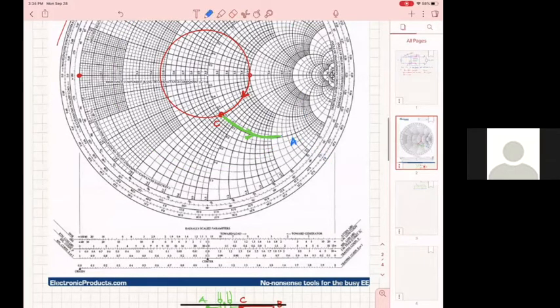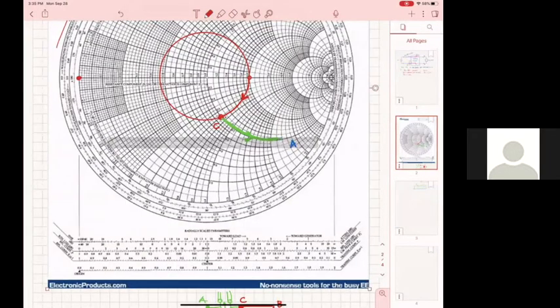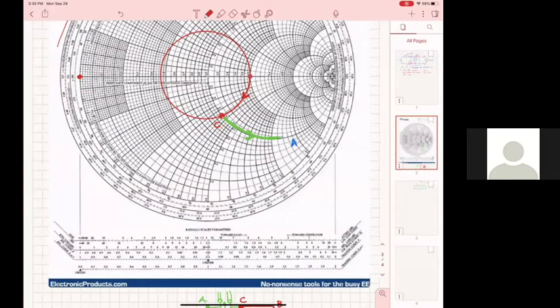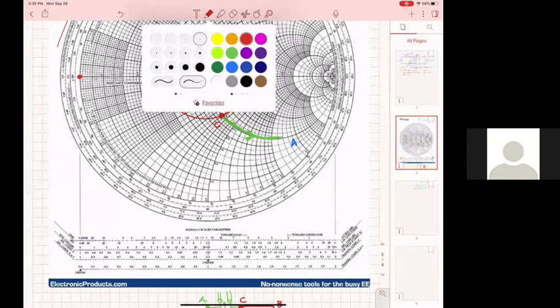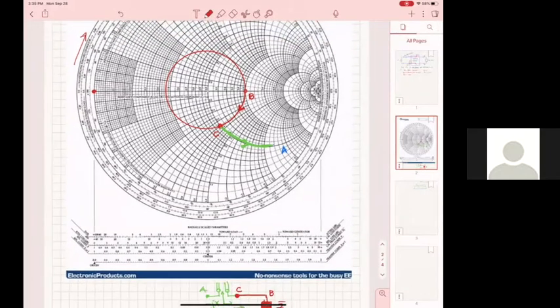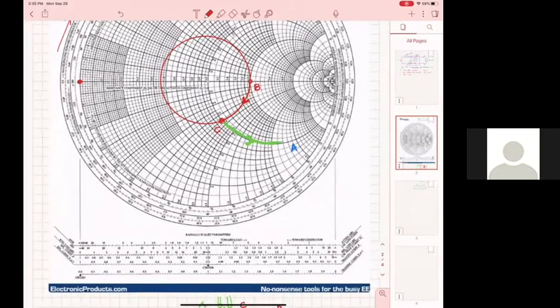Okay, so that is B. Point A is down here.